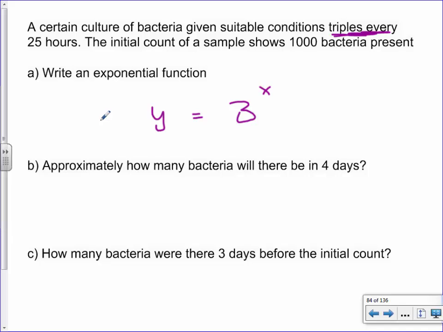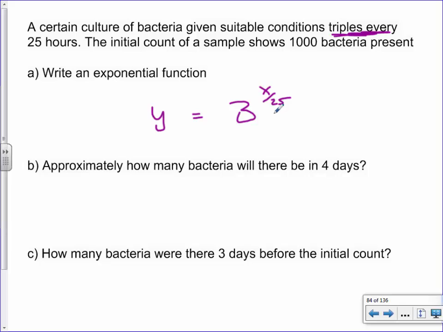It may just be best for me to show you how to deal with the 25 hours the very first time, because it's tricky. This is how you do it. Okay, so let's talk through why I did that. Let's say that it's been 1 hour. After 1 hour, should it triple? No. 1 divided by 25 is not enough for it to triple yet.